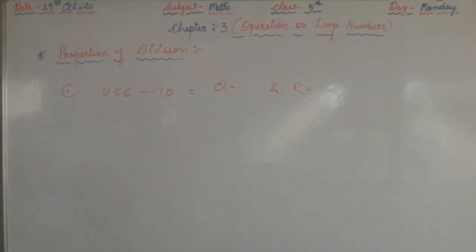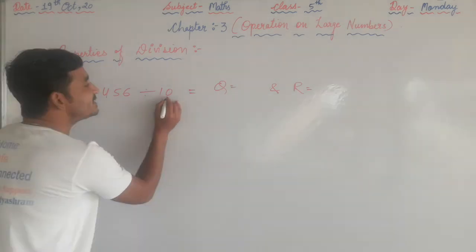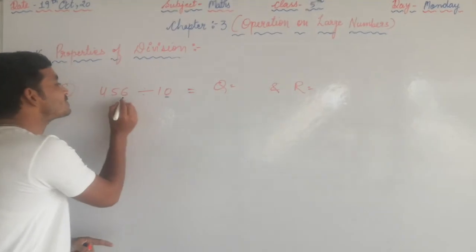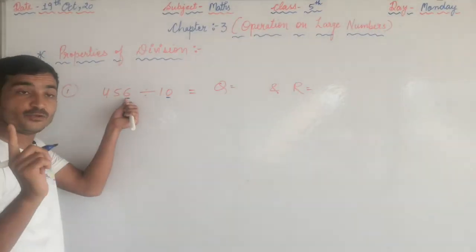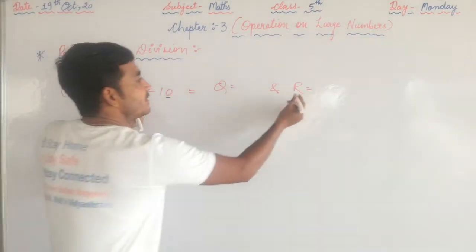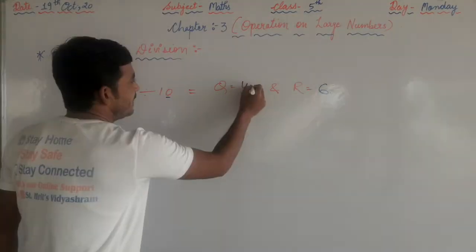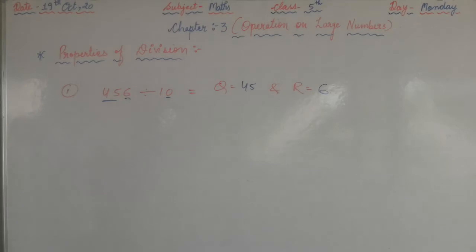How do you find quotient and remainder? See how many zeros are there. 1 zero is there. So the last one digit, the unit place, is the remainder. 6 is the remainder, and the remaining 2 digits are the quotient. Here 45 is the quotient and the remainder is 6.